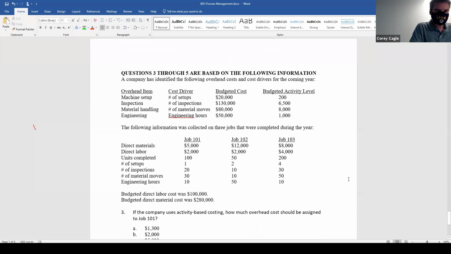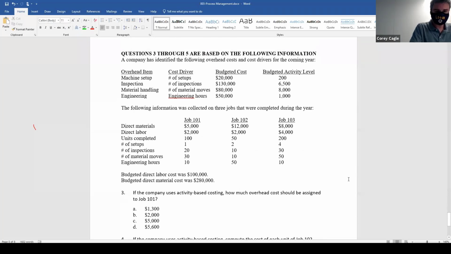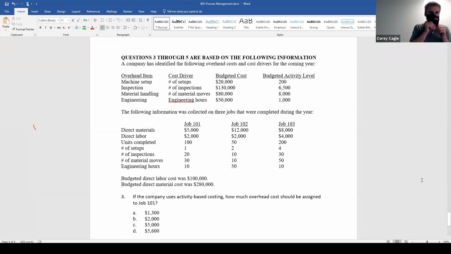Now, a better question here, and it's a bigger one, but it's easy. We got a company here that had a whole bunch of overhead costs. This is all their overhead costs, but somebody analyzed the total overhead costs and said, well, looks like about 20,000 of that's because we have to set up machines.